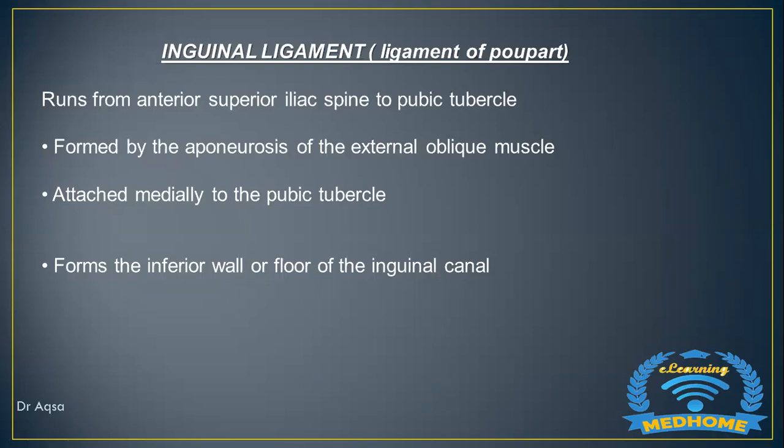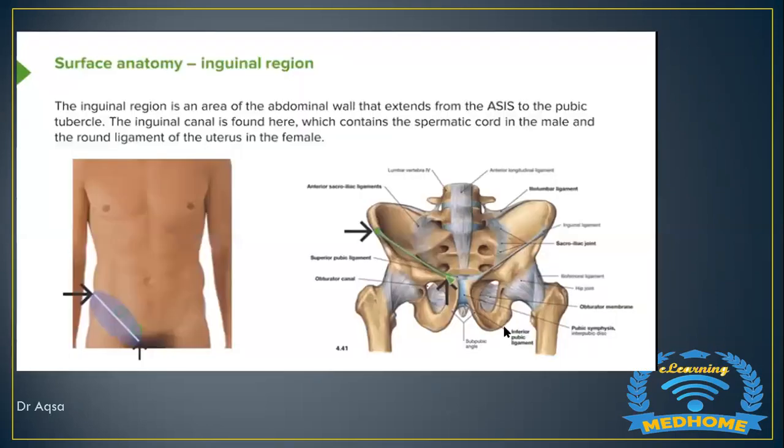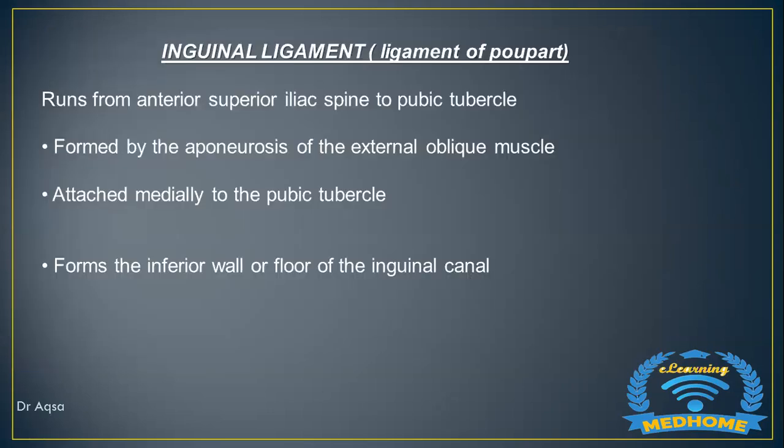First of all, what is the inguinal ligament? Another name for the inguinal ligament is the ligament of Poupart. It starts from the anterior superior iliac spine and extends to the pubic tubercle, as the arrow marked here shows. So this whole is known as the inguinal ligament. How is the inguinal ligament formed?